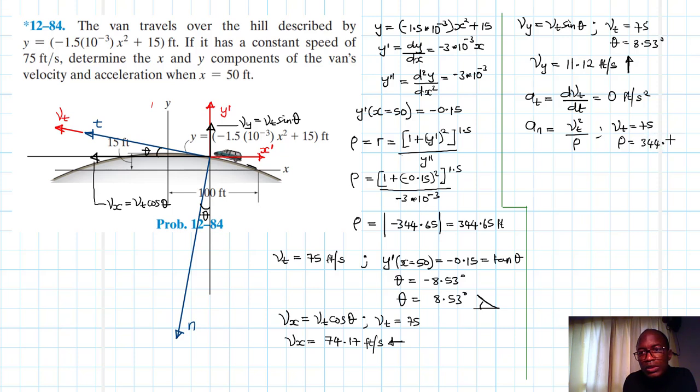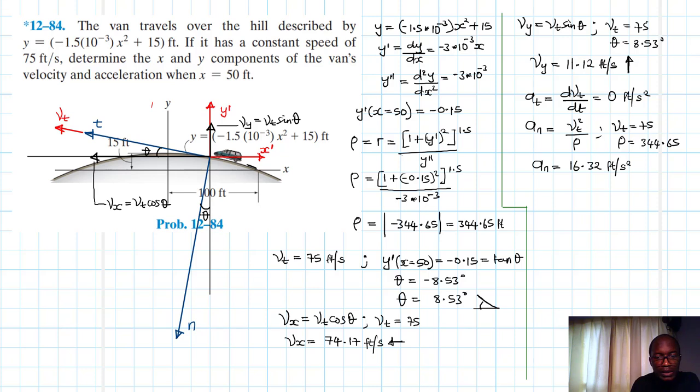It is 344.65. Therefore, our an is 75 squared divided by 344.65. So we get 16.32 feet per second squared. This is our an.